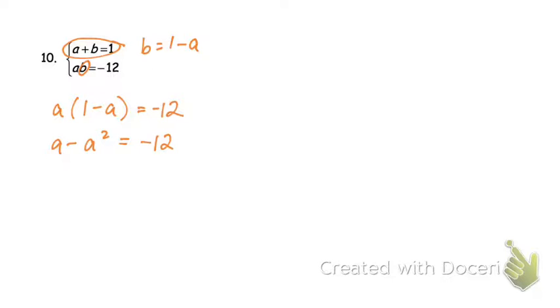You could do x and y if you're uncomfortable with the a's and b's, but I want you to feel comfortable with them because they might show up. I want to make my a squared positive, so I'm just going to move both of these over to this side. So that makes life easier.